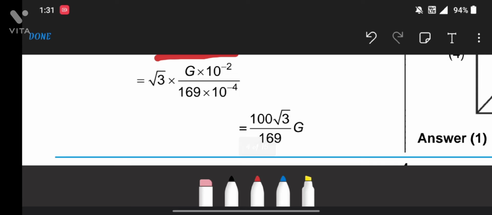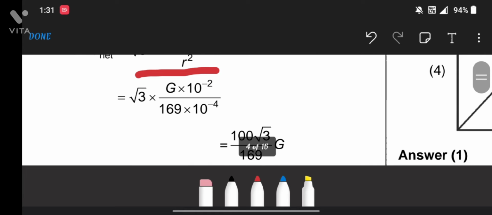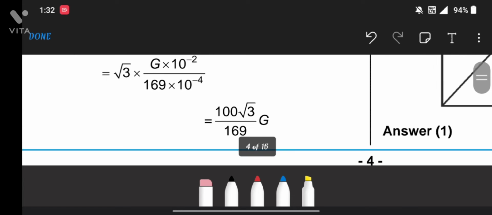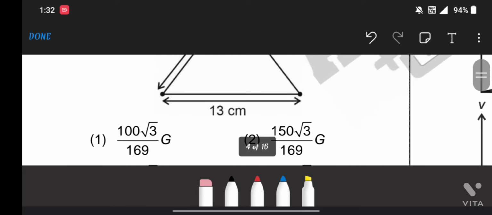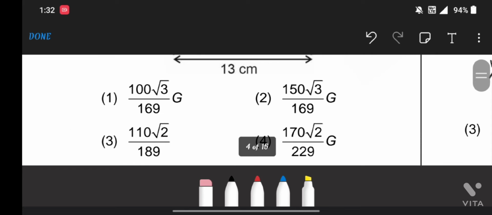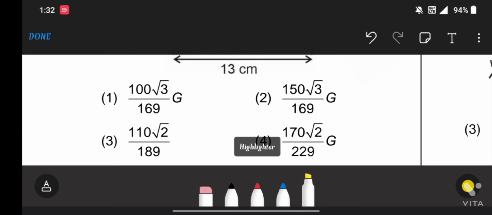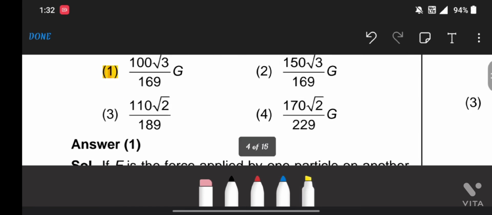If you multiply this root 3, it will become 100 root 3 by 169g. This is the answer we will get. Therefore, the correct option is option 1 for question number 10.